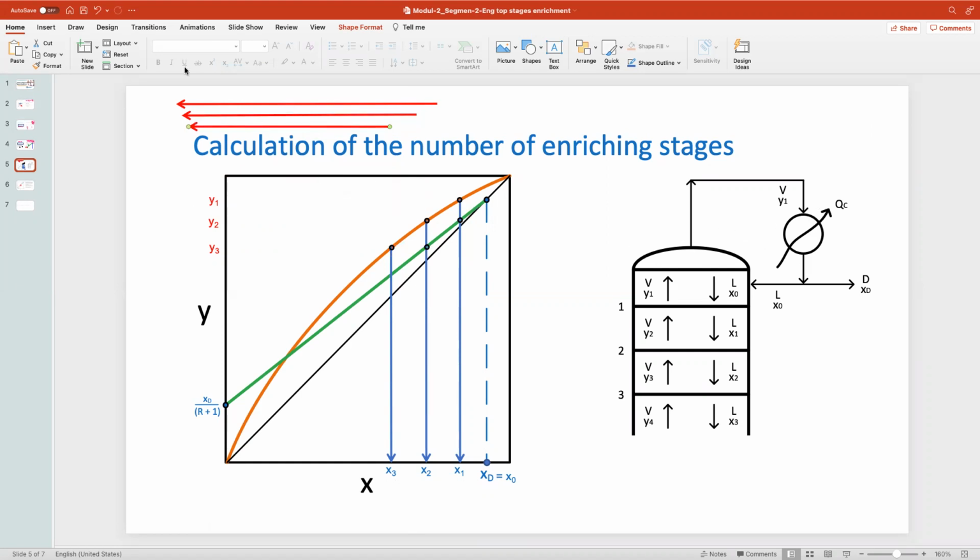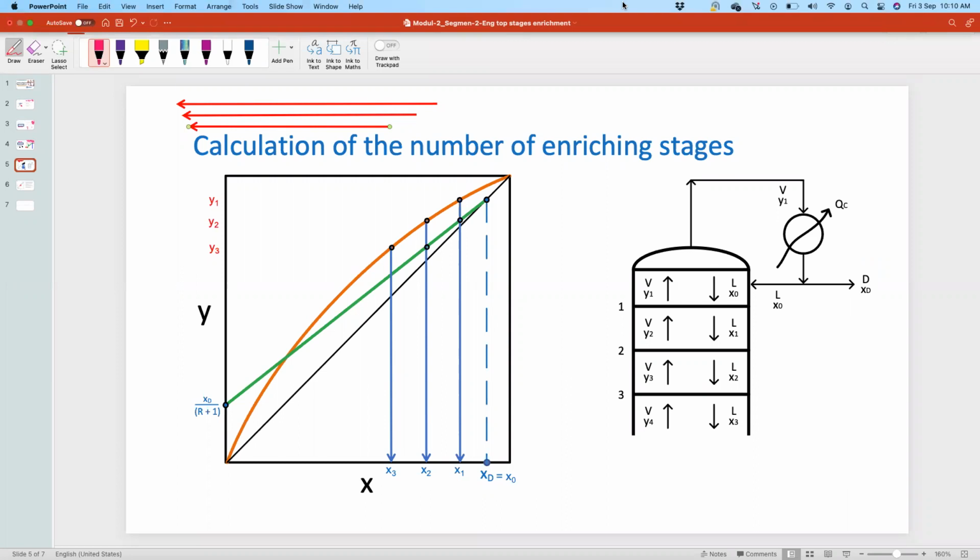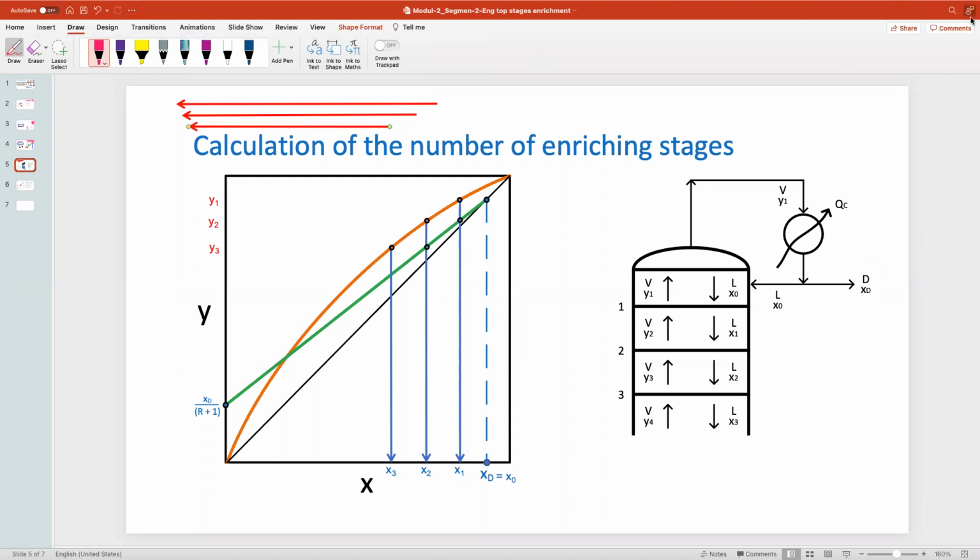Please look at the schematic when I explain which points are in here.